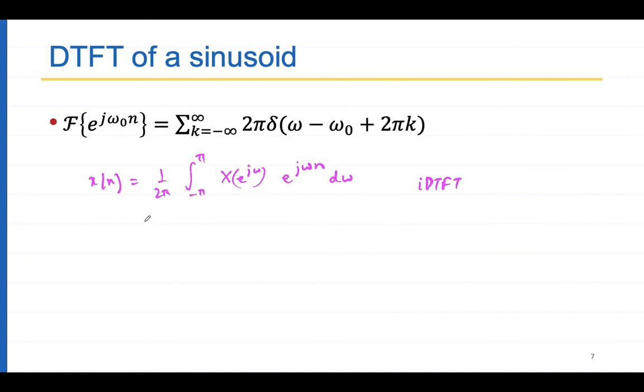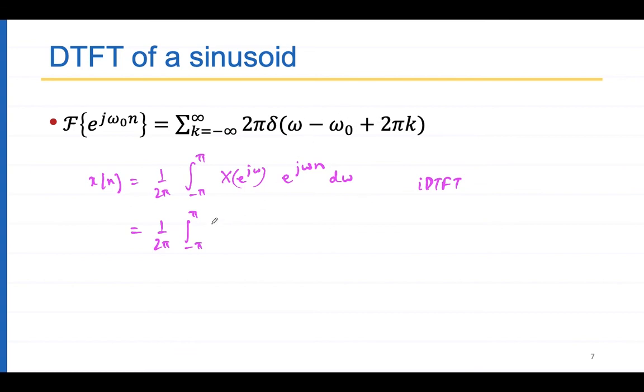So let us substitute the value of X e to the power j omega. This is 1 upon 2 pi integration from minus pi to pi. But if you look at the interval minus pi to plus pi, for k equal to 1, this term won't appear.